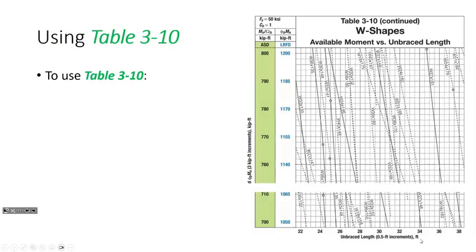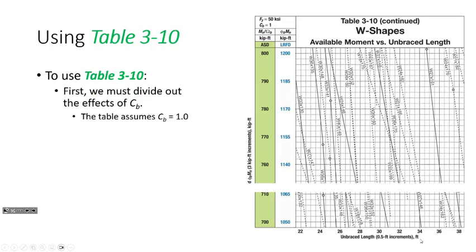Okay, now eyes up here, because I got a nice little animated slide that I prepared that shows you how this works. So this is my nifty little animation. Okay, so watch this. All right, so here's how you use table 3-10, okay? So the first thing that you have to do is you have to divide out the effects of Cb. So all that means is you analyze your beam, and if Cb is 1.2, you just divide the maximum moment by 1.2.